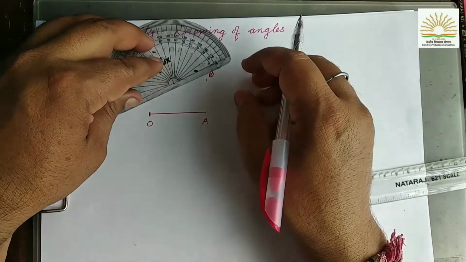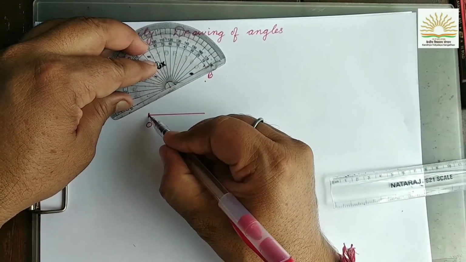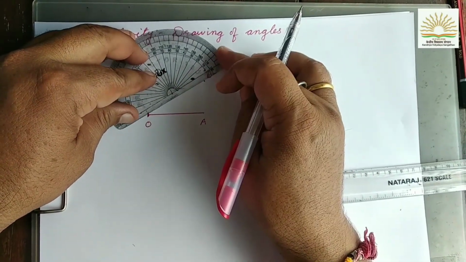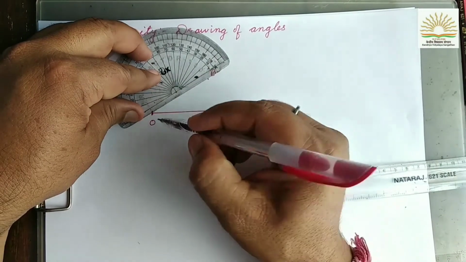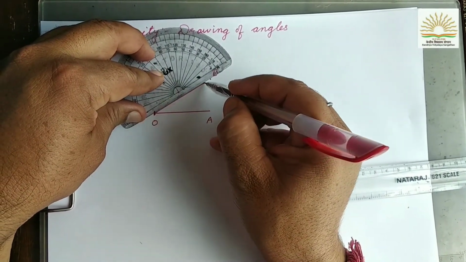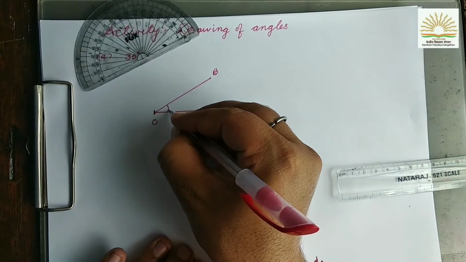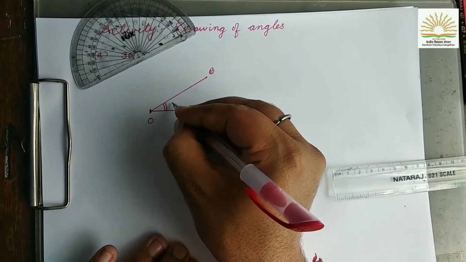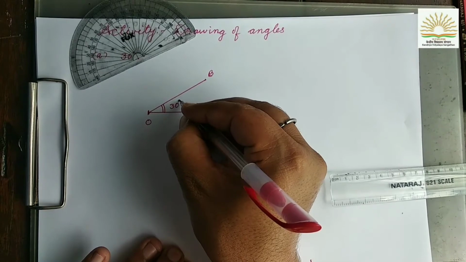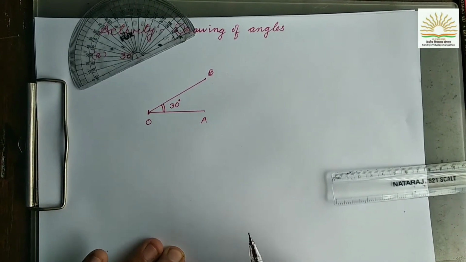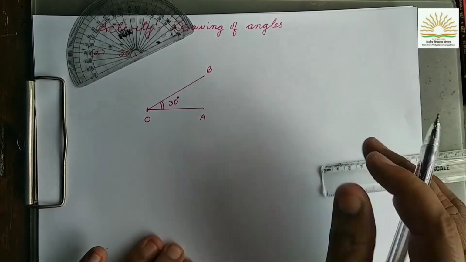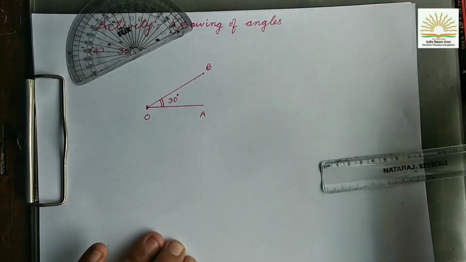Now I have to join O with B. Look here. Now I am marking the angle. This one is a 30-degree angle. If you look carefully, there is one more angle.